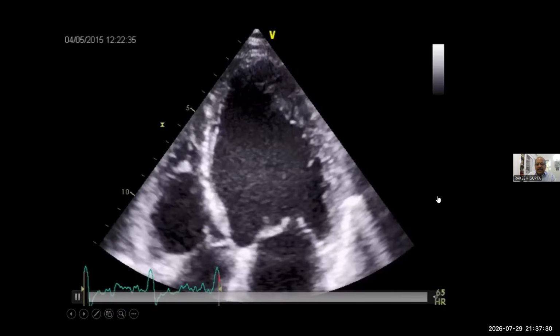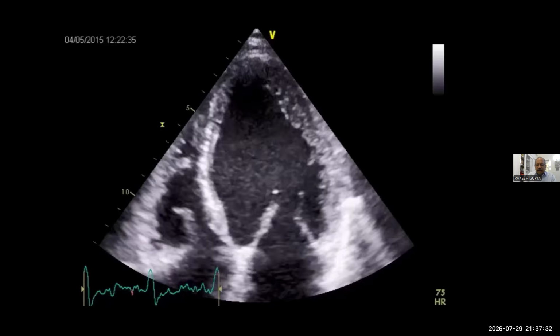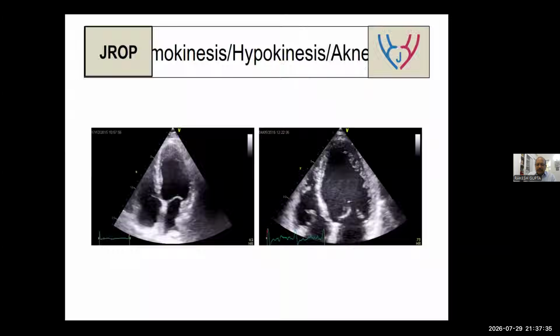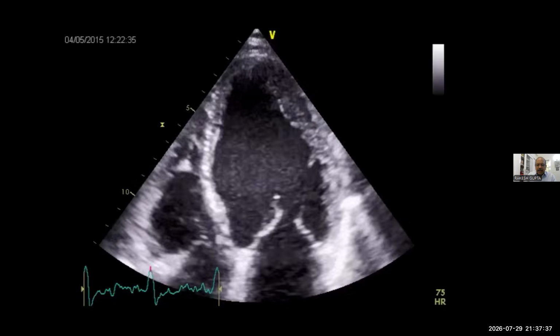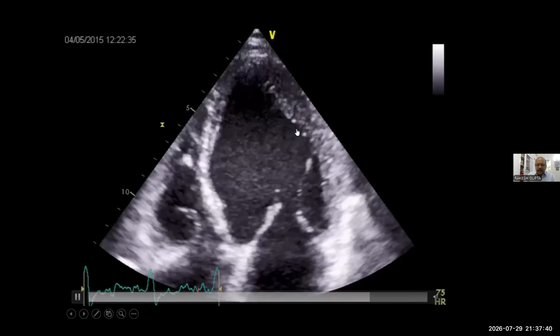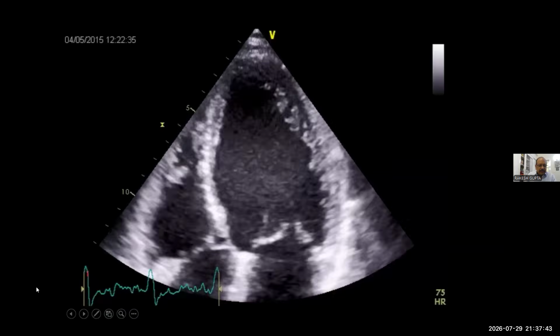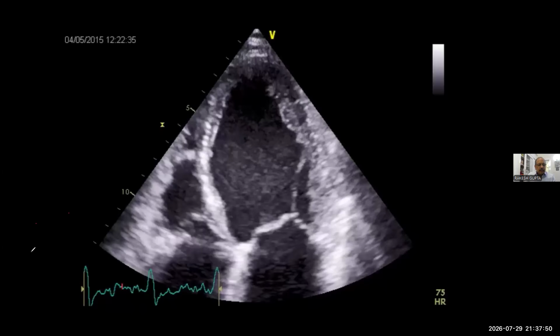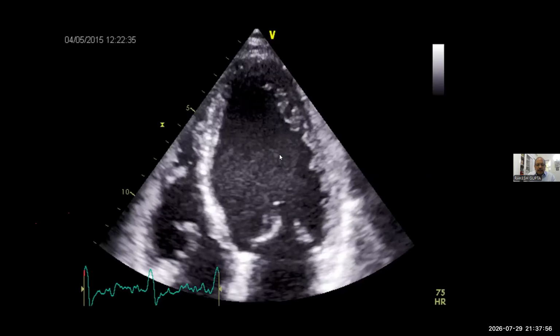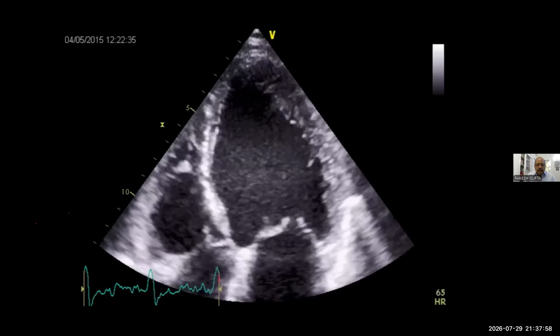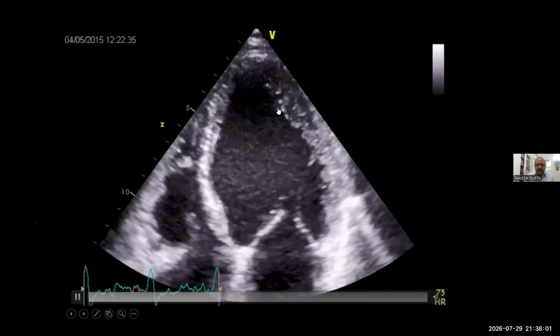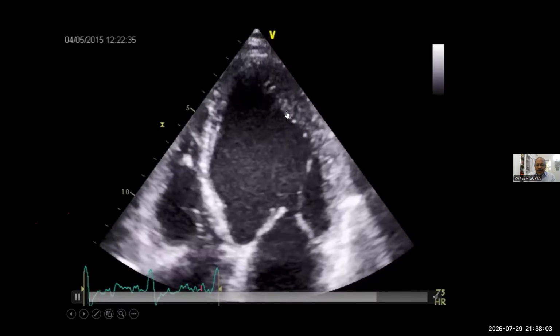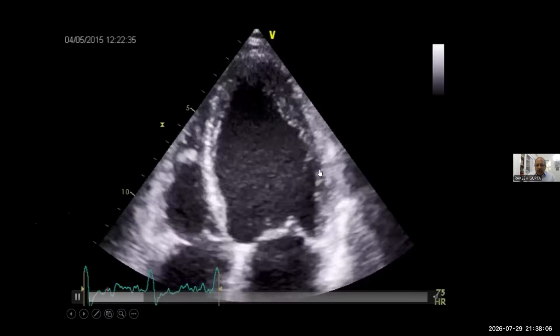Now look at this segment very carefully. This segment has got everything you want to see. This segment is thickening a bit, normokinetic. This is hypokinetic.